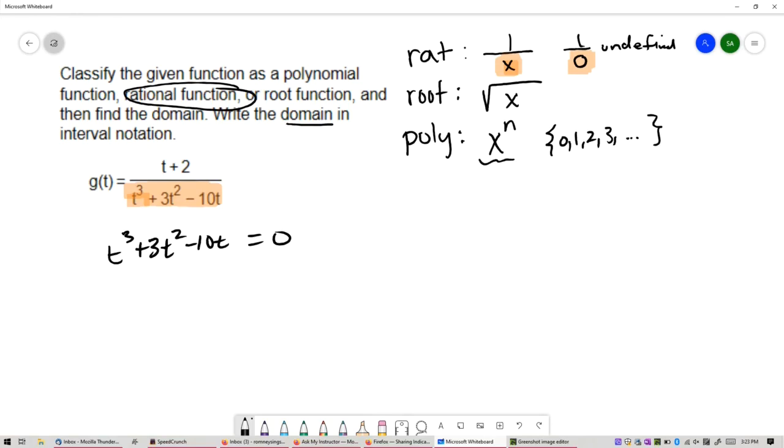And all three of these terms have t in it, so we can factor a common factor of t out, and that would be t times t squared plus 3t minus 10 equals 0. And then we want to continue factoring inside the parenthesis. Inside the parenthesis we have a quadratic.